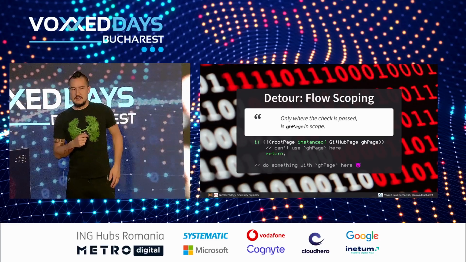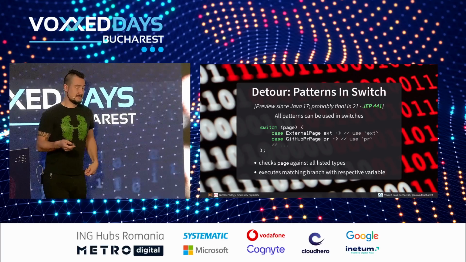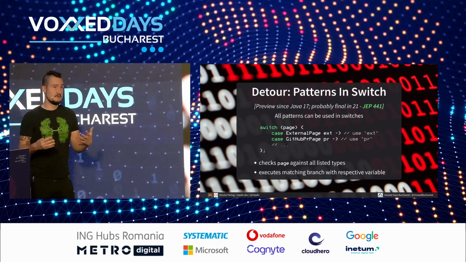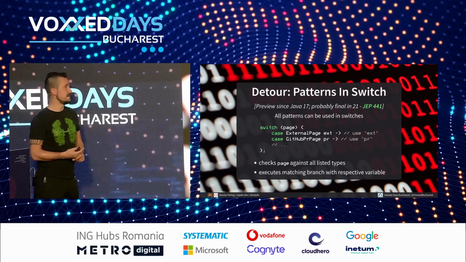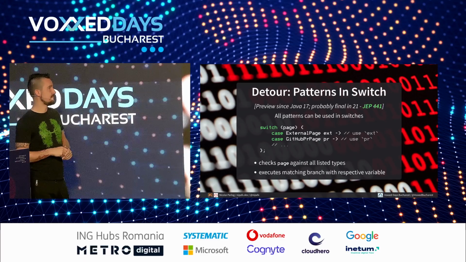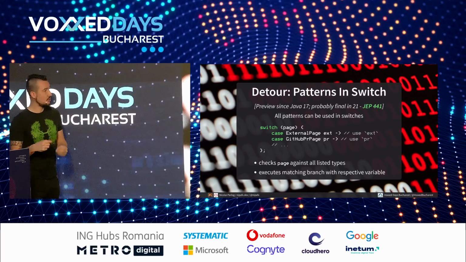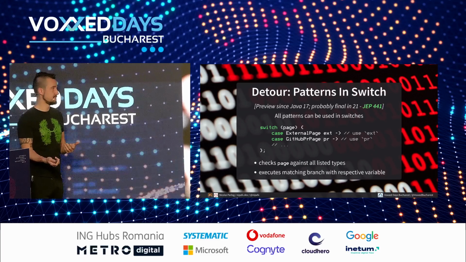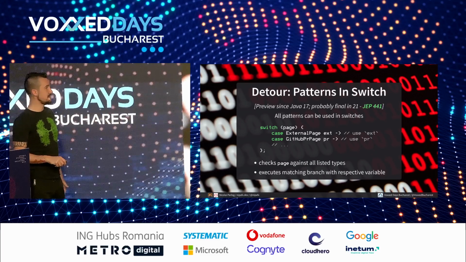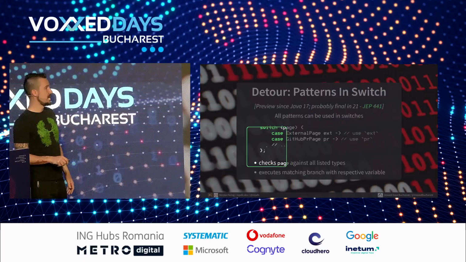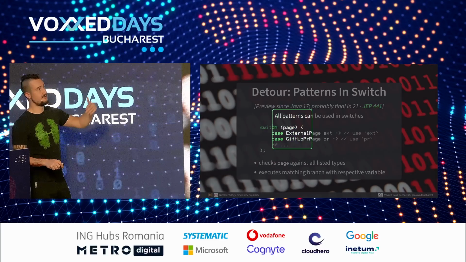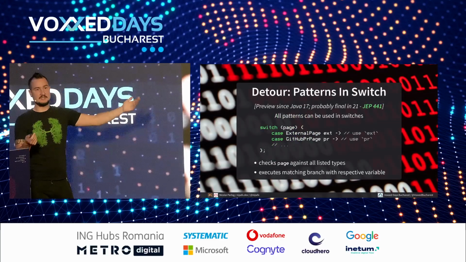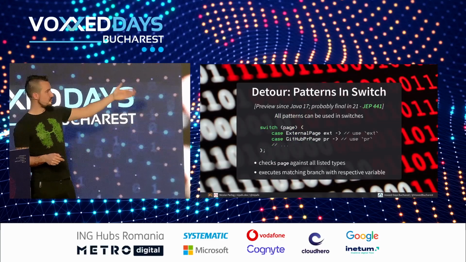Okay. Now, we talked about patterns. That's final in Java 16. What is in preview since Java 17, and has a good chance to be final in Java 21, is that you can also use patterns in switches. So what we do here is we take this page object, and instead of writing instance of this page and then maybe else instance of that page, we just do a switch.